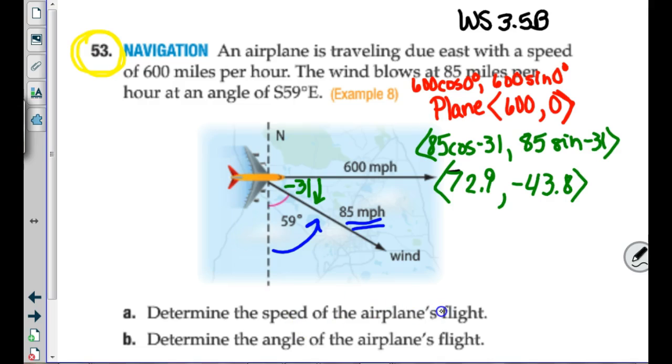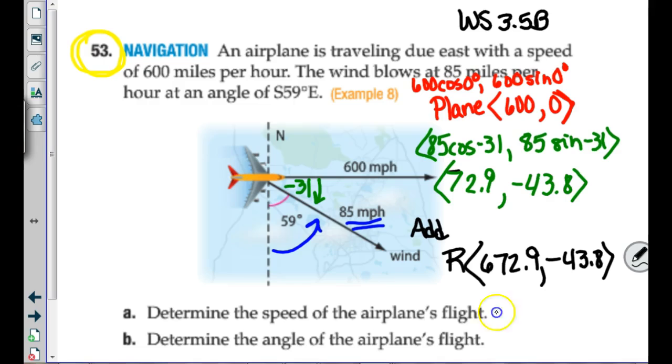The actual speed of the flight is what happens when they're combined, okay? The plane is flying, the wind is pushing it, so how fast is the flight moving? We need to add those. And the resultant will have components, what, 672.9 and negative 43.8. Now, how do we find the speed of that?